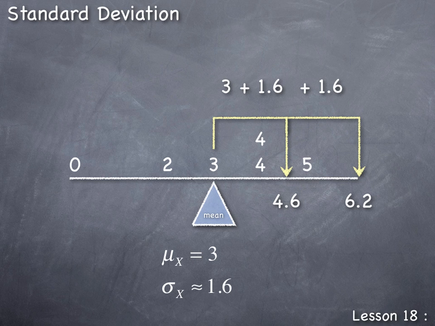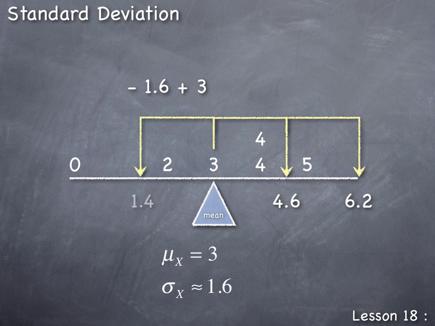If we were to go one standard deviation below the mean, that would be the mean of 3 minus 1.6. One standard deviation below gives us a score of 1.4. And a score of 1.4 puts us roughly in the middle of the below average scores, which is between 0 and 2. And since the standard deviation gives you this average or middle deviation from the mean, one standard deviation roughly puts you in the middle, in this case, of the below average group.